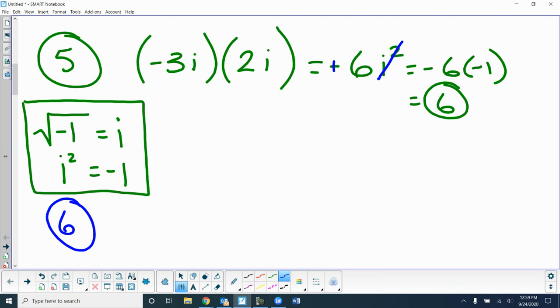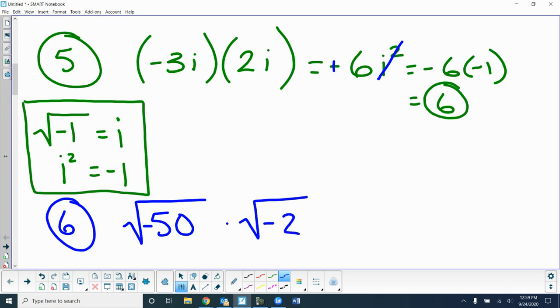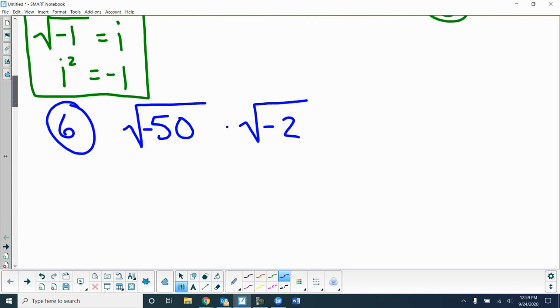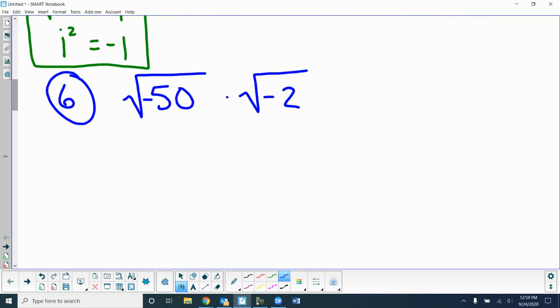Number 6, square root is like an exponent. I could have written this problem as negative 50 to the 1/2 power, okay?